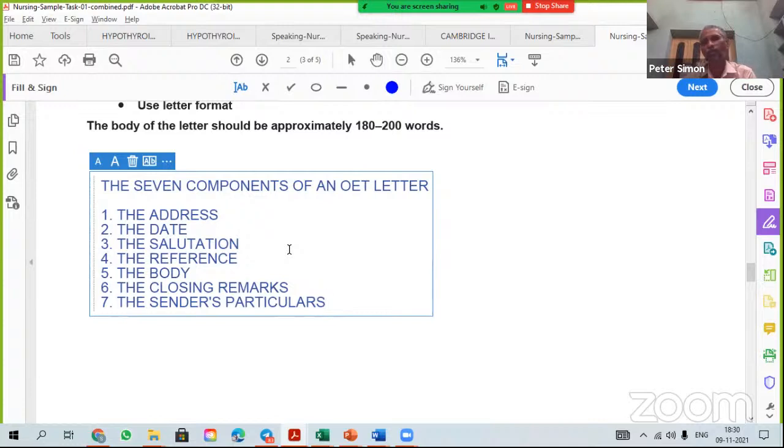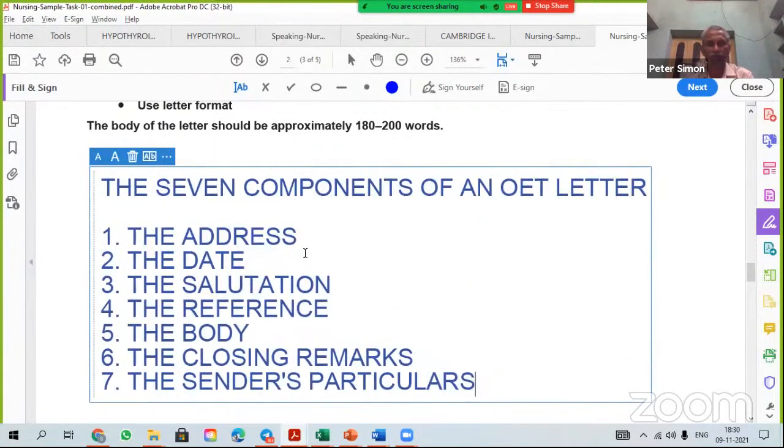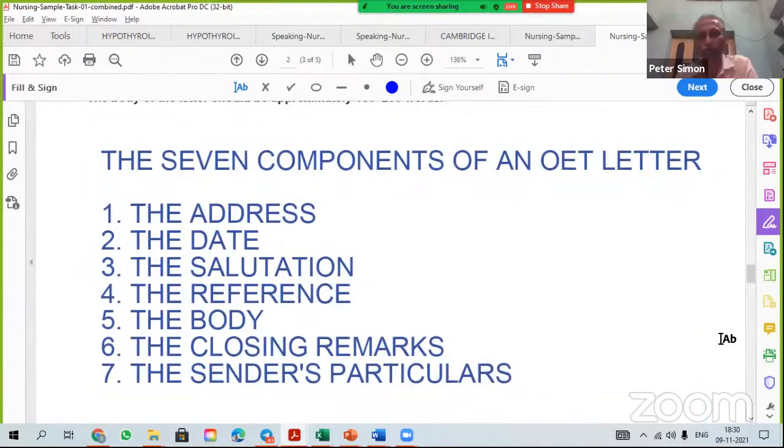So these are the 7 components of an OET letter. Note them down if you want.